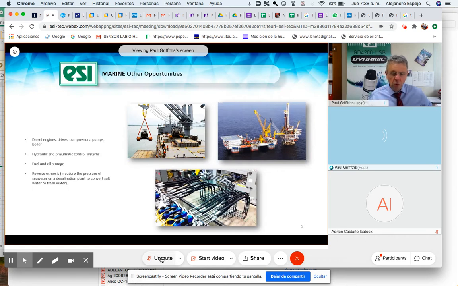But occasionally we do get requirements from the ship manufacturers or from service and maintenance companies, so companies who specialize in providing components for the sea, for ship use. Occasionally a company in the south of England will call and say they have a vessel docking soon and they need transmitters for some seawater system, for a hydraulic system.